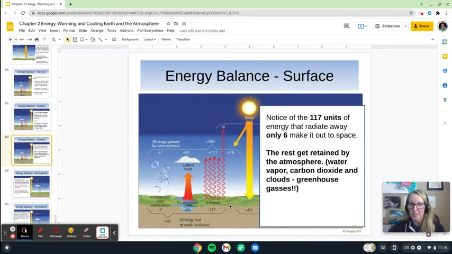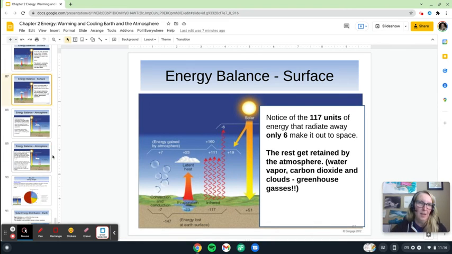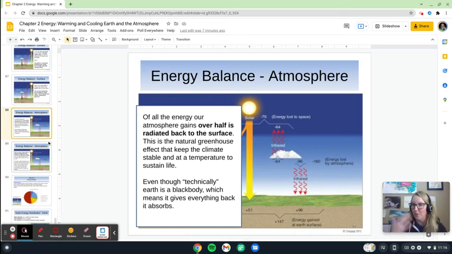So of those 117 units, 6 get radiated away, but the atmosphere absorbs, with those selective absorbers, 111 units. It's retained by carbon dioxide, water vapor, and all our greenhouse gases and clouds, because clouds are a phase of water. They have a certain absorption as well.